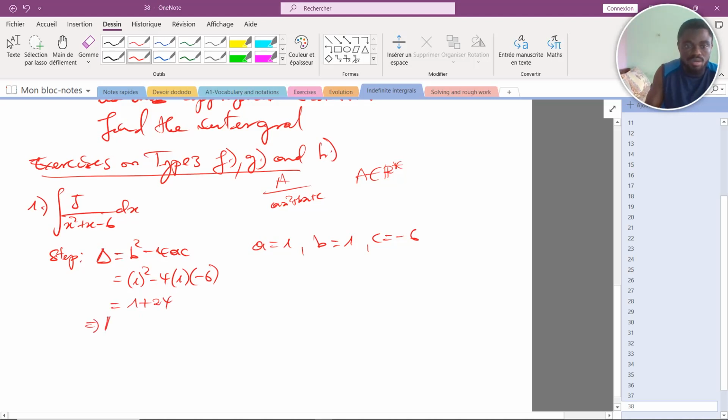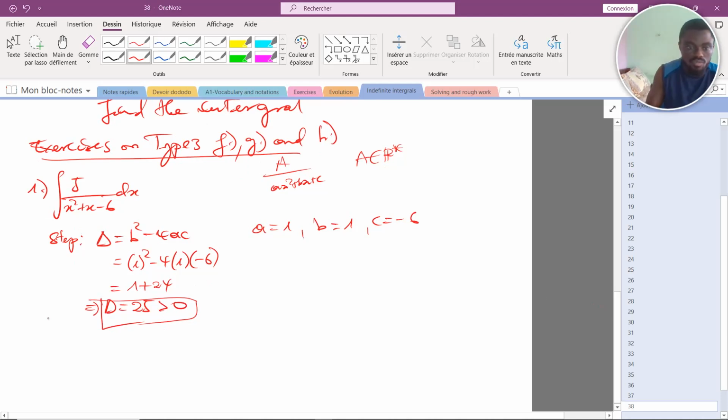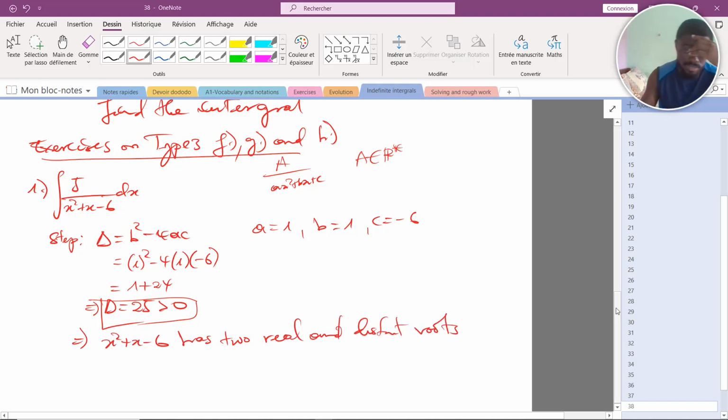So this implies our delta is equal to 25, which is greater than 0. Since our delta is greater than 0, it implies what? x squared plus x minus 6 has two real and distinct roots. Two real and distinct roots.